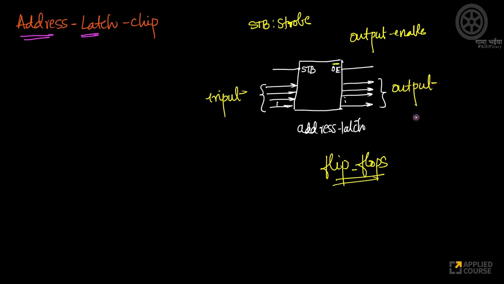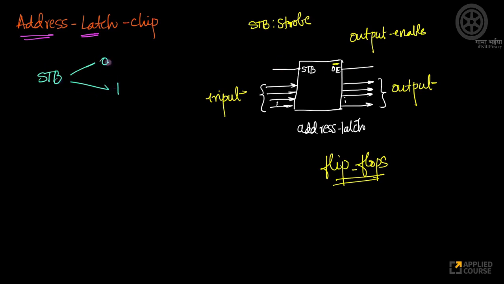So the way the whole thing works is this. Internally it's a bunch of flip-flops, but let's see how it works as far as the input, output, STB and OE are concerned. The STB pin can be 0 or 1.